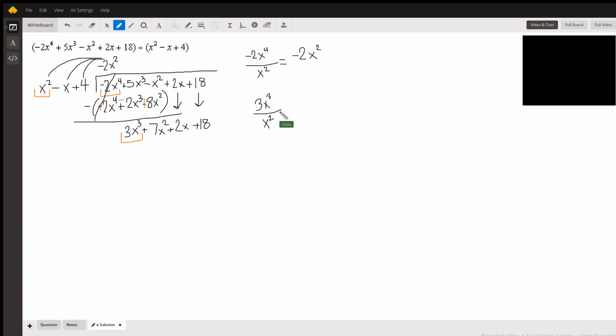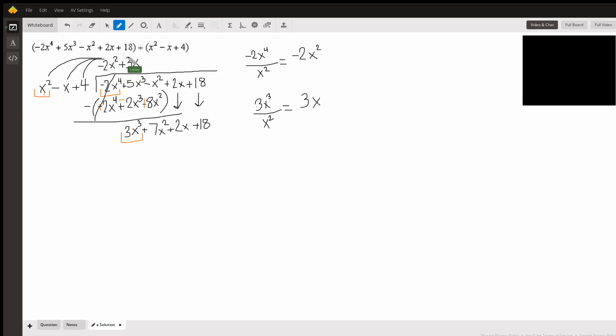Based on the quotient rule, I'm going to be subtracting, so 3 minus 2 is 1. So it's just going to be x, and then don't forget the 3, so that's going to be 3x. Oops, sorry, I put it in the wrong way. Plus 3x.